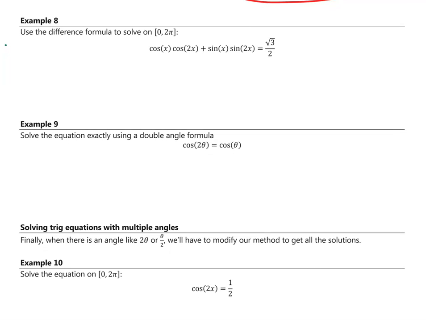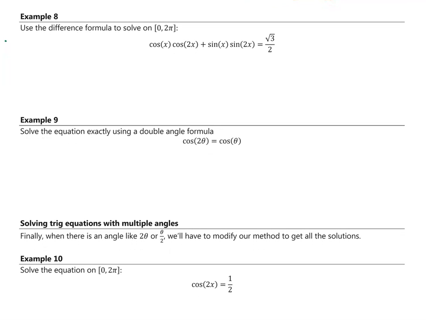Right, next, example 8. Use the difference formula to solve on the interval from 0 to 2 pi: cosine x cosine 2x plus sine x sine 2x is equal to square root of 3 over 2.